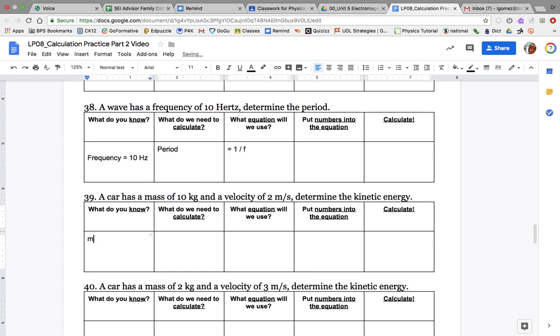Okay, a car has a mass of 10 kilograms, and here we have a velocity of 2 meters per second. It says determine the kinetic energy.